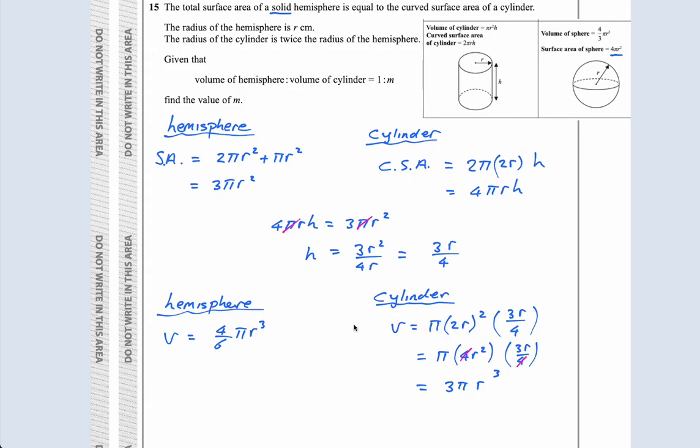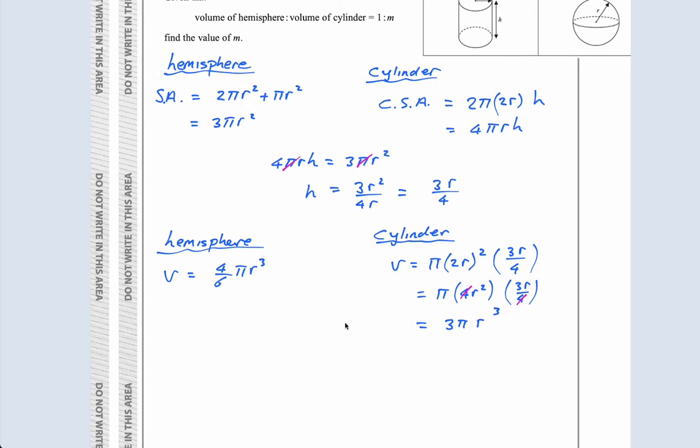He is saying the volume of the hemisphere, 4/6 pi r cubed, to the volume, the ratio of the volume of the hemisphere. Let me do that again. Volume of the hemisphere to the volume of the cylinder can be written in the form 1 to something.